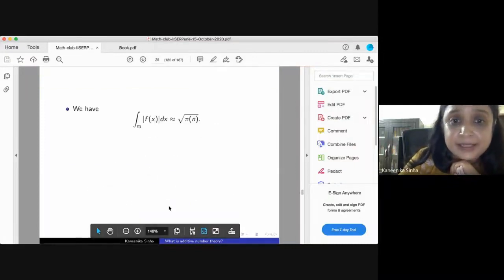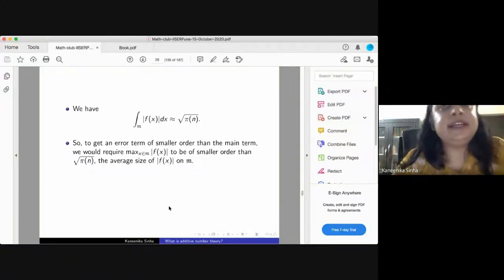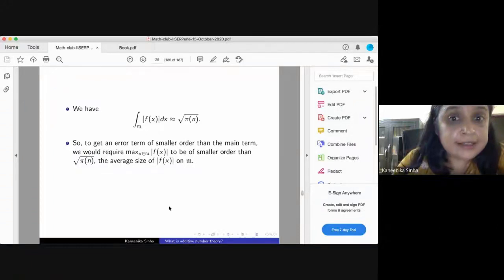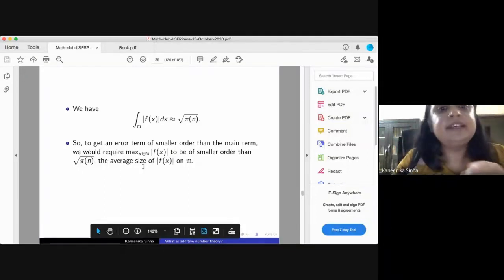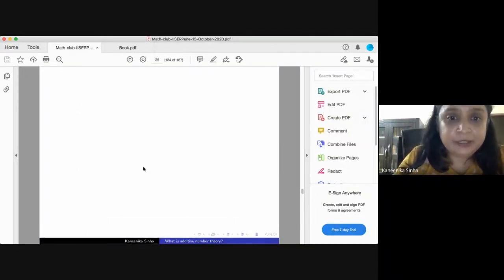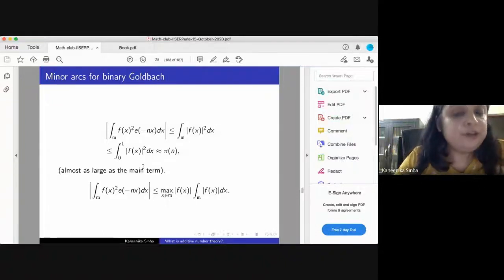And this is crazy because what you are saying is, we want the maximum value of a function to be of smaller order than the average order. So you're saying that you want the highest scorer in a class to score less than the average score of the class. That's nonsense. That cannot happen, right? And this is the reason why this particular approach also fails for the binary Goldbach situation.